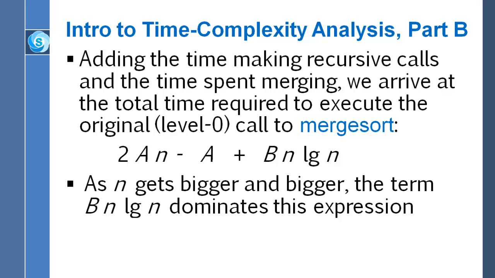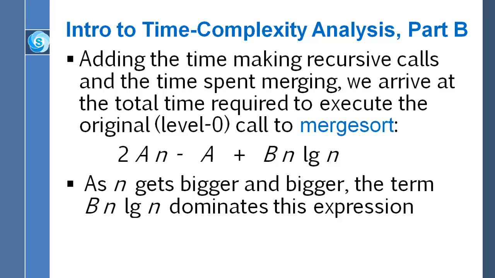And if you let n get sufficiently big, then these constants a and b don't even matter. You can say that eventually, once n gets big enough, b multiplied by n base 2 log of n will dominate the other terms. It will be much bigger than the other two terms, the 2an and the minus a.